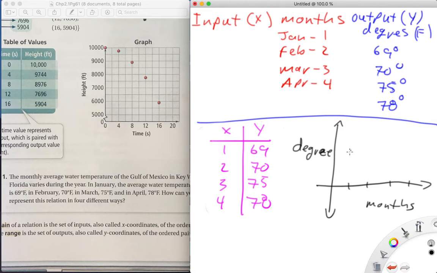And it would look something like this, an upward going graph, more or less. So those are four ways to show that relation.